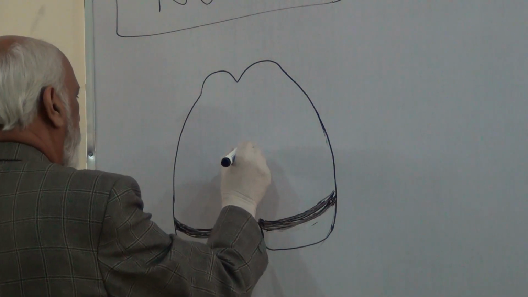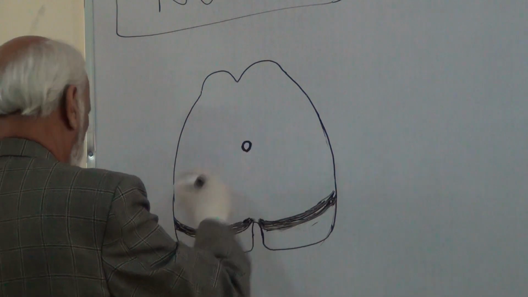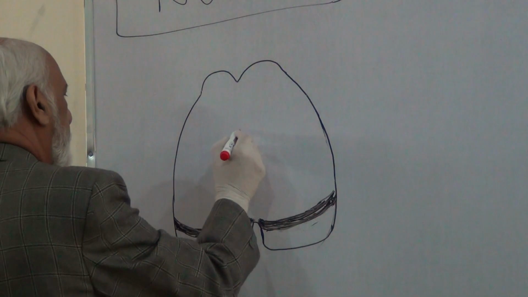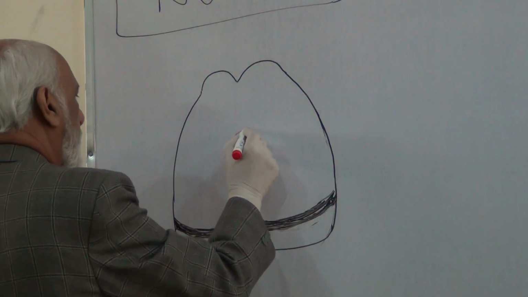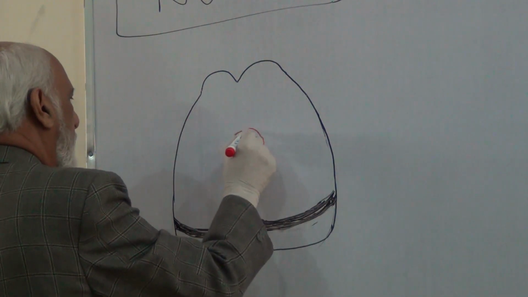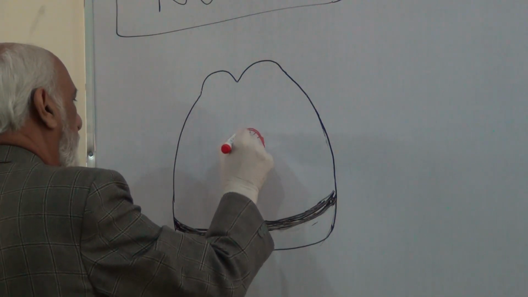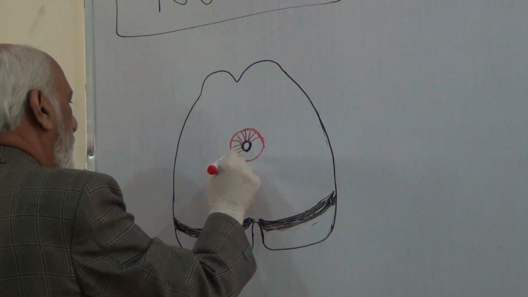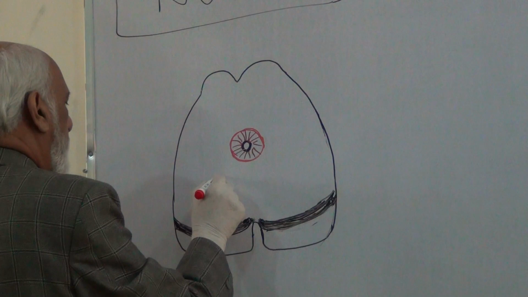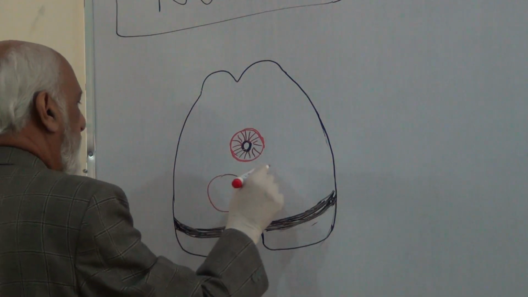The cerebral aqueduct is surrounded by central gray matter. Then anterolateral to it are the red nuclei.